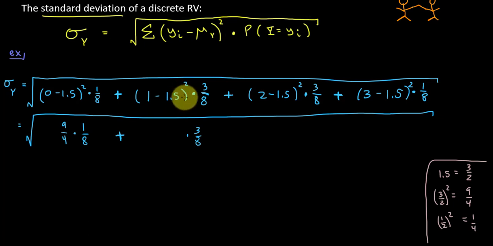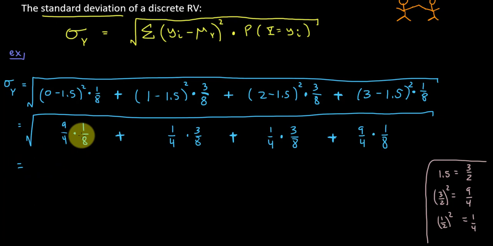That's negative 1/2. But that needs to be squared, so that would be 1/4. These will all be positive because of that squaring feature, but now we won't have to deal with any negatives. This will be 1/2 squared, which is 1/4, multiplied by 3/8. And lastly, 3/2 squared times 1/8.